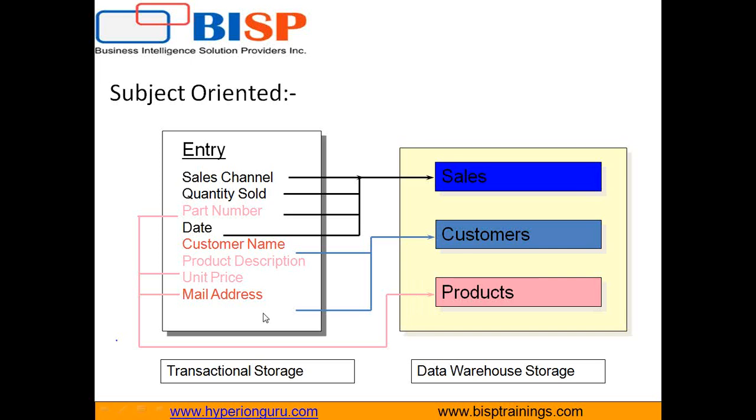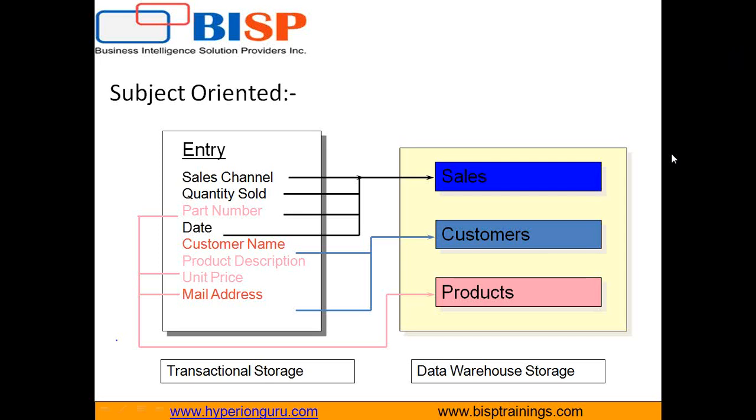Now, this is what subject oriented means. In a data warehouse, we have the transactional data, but it is tagged to a specific subject area. It may be a sale, a customer, or a product. So in a data warehouse, data is stored on the basis of a specific subject area.